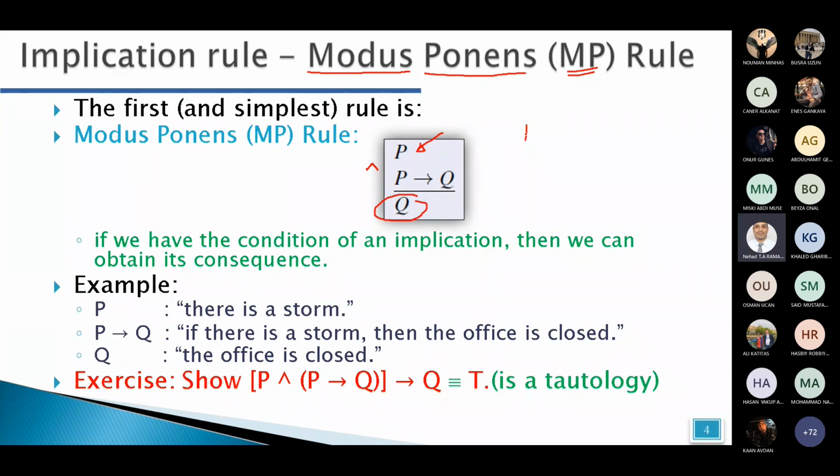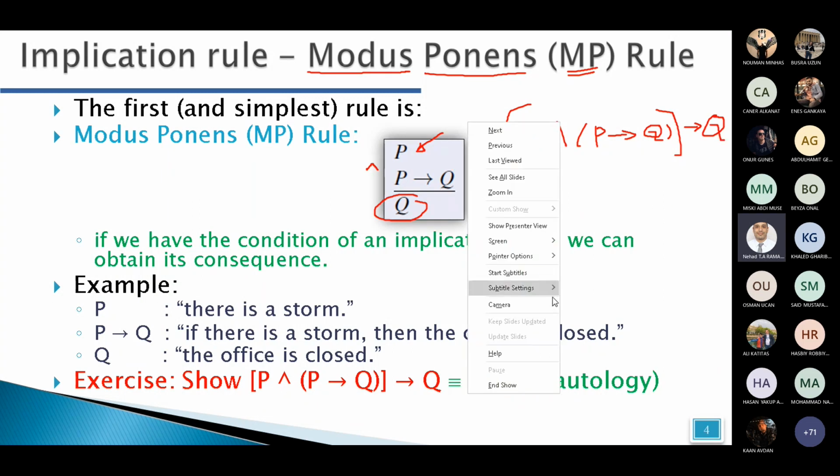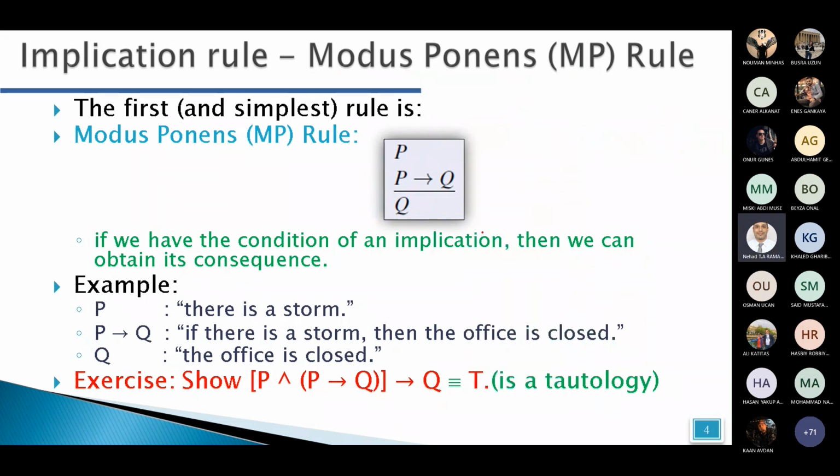Write it as P, and P implies Q, all this gives us Q. So simply you can memorize it this way. Okay, P and P implies Q.